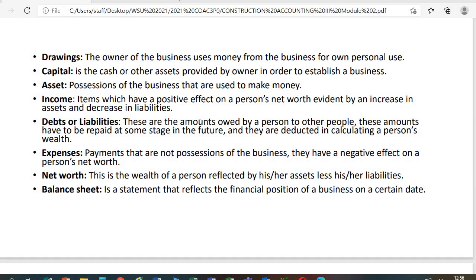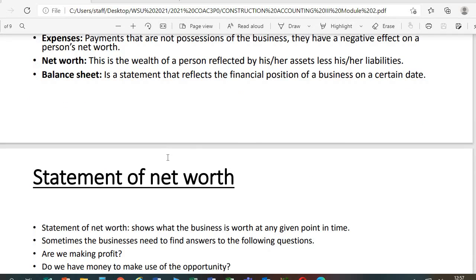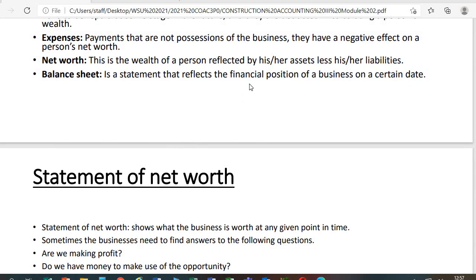The expenses, these are payments that are not possessions of the business. That is your telephone account, your electricity, your water, what else? Your wages. And then we've got your net worth. This is the wealth of a person reflected by his or her assets, less his or her liabilities.